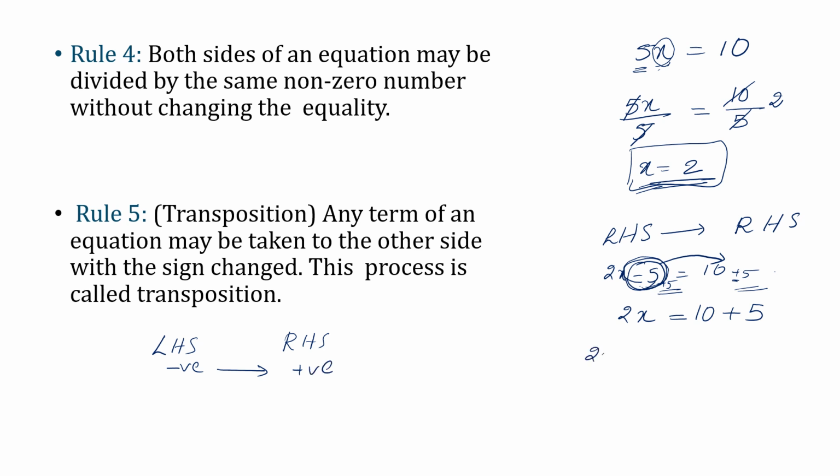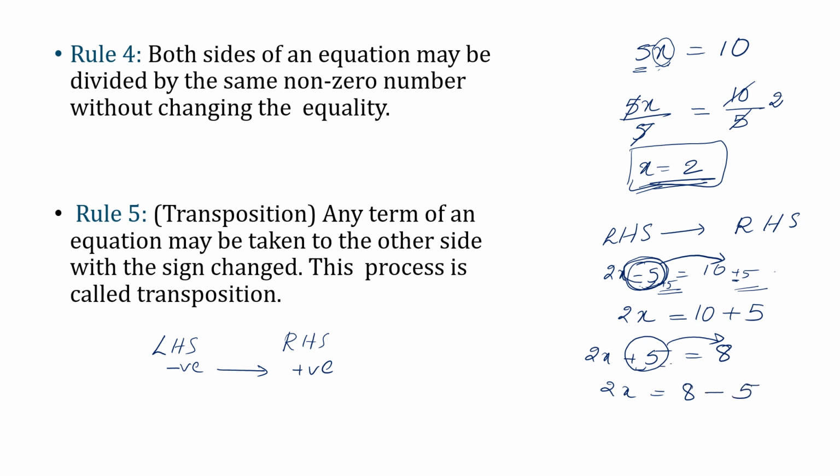Suppose that 2x plus 5 is equal to 8. In this equation, rule number 2, I am going to subtract 5 from left hand side and right hand side. So that is nothing but I am taking this plus 5 to the right hand side. So what will happen? 2x is equal to 8 minus 5, right?